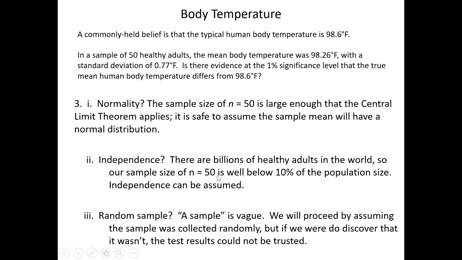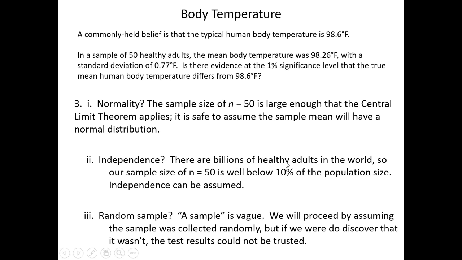All right. Well, our sample size of 50 we said is pretty large. We wouldn't want it to be too large, though. If it's above 10% of the population size, then we'd have a problem with independence. Okay, so remember the quick little trick is to add an extra 0. So if the population has at least 500 members in it, then we're okay.